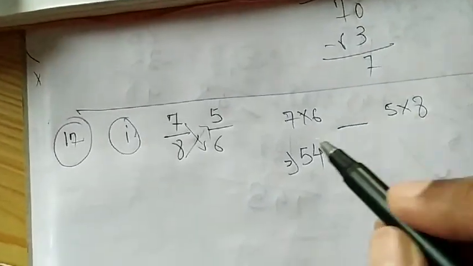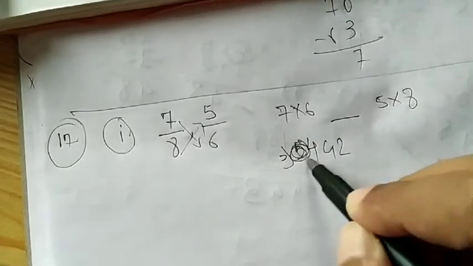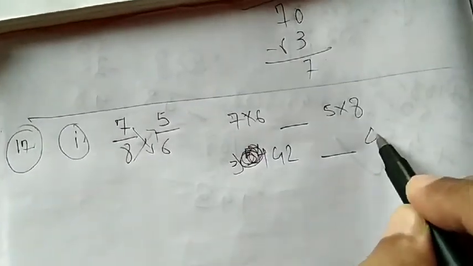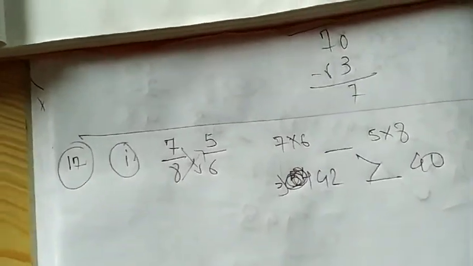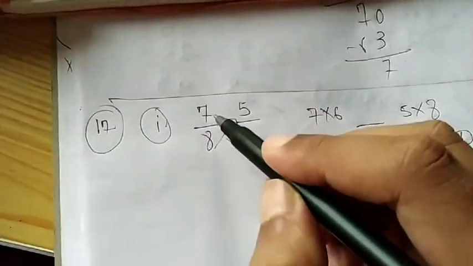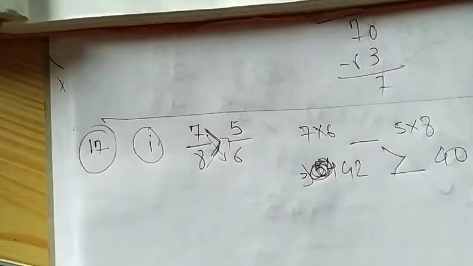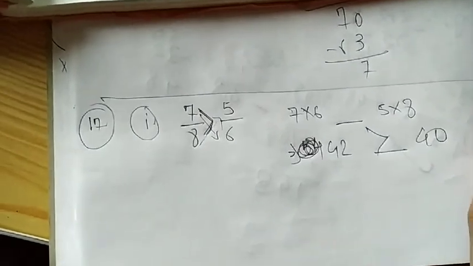Sorry, my bad. 42 and 5 8s are 40. So this one is bigger. Okay, so basically this one is greater. Can you do the rest? I'll also do question number 4.